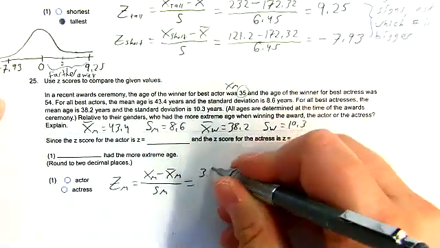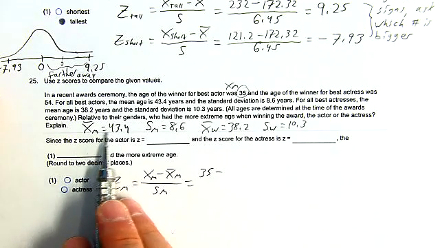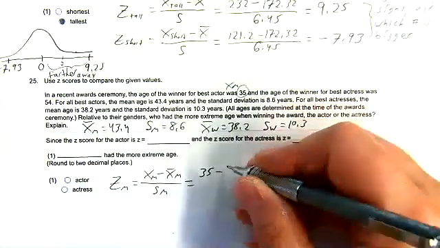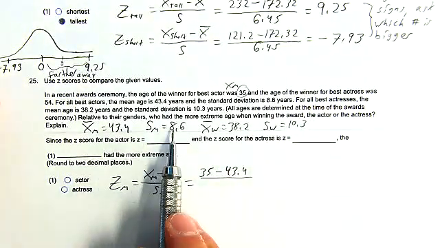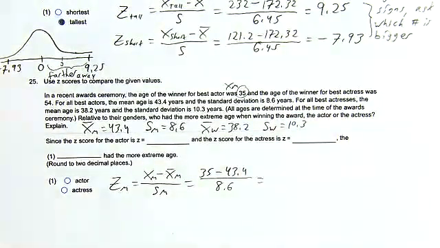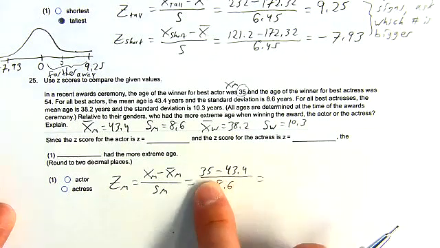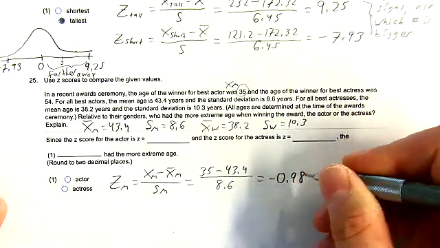So this would be 35 minus X bar men, the mean age of men, 43.4, divided by standard deviation for men, 8.6. And if you do that, you will get, it's negative because this number is smaller, negative 0.98.